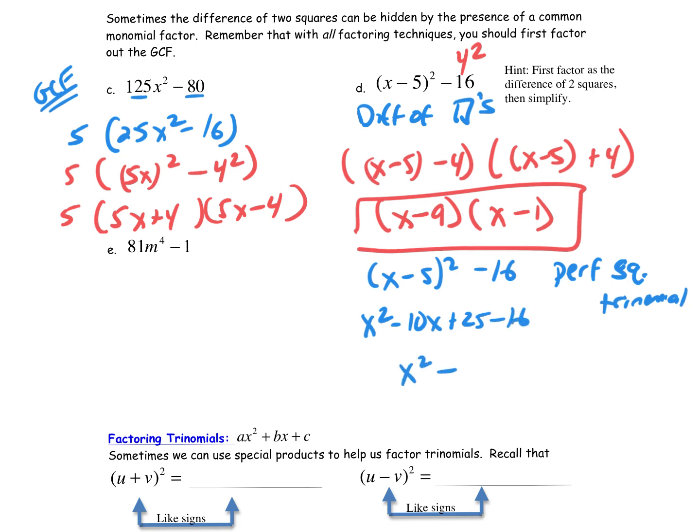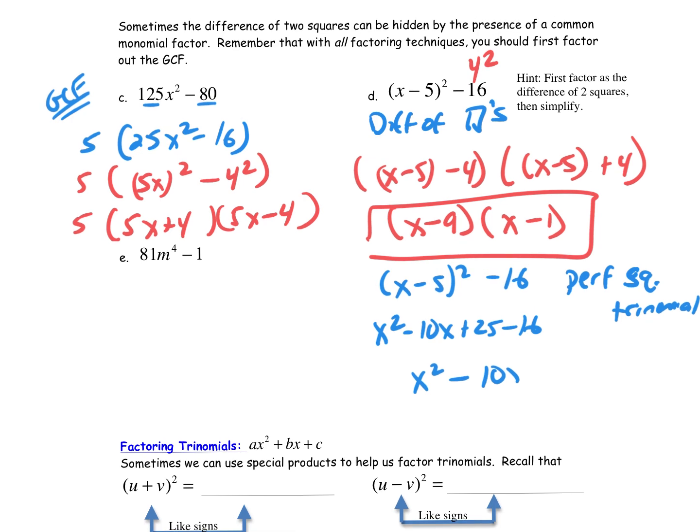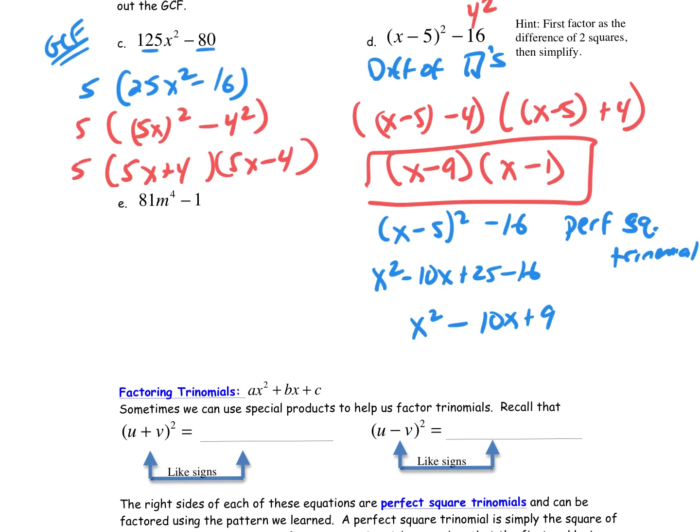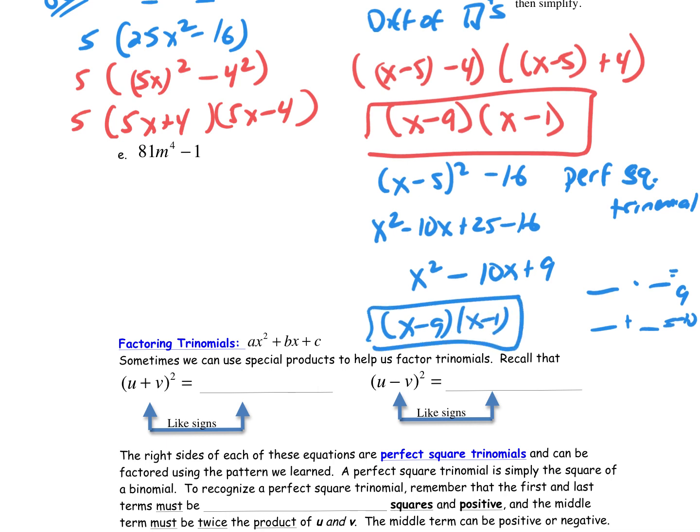And simplifying this, we'd get x squared minus 10x plus 9, which we then need to go ahead and factor. And we haven't talked about how to factor trinomials, but we will in a second. We're looking for two numbers that multiply to 9 but add to negative 10. And that will give us x minus 9 times x minus 1. So I think it's a little bit easier if we recognize the difference of squares pattern in that example.